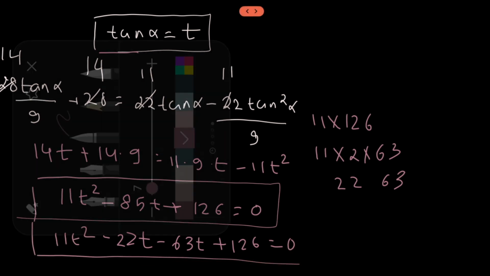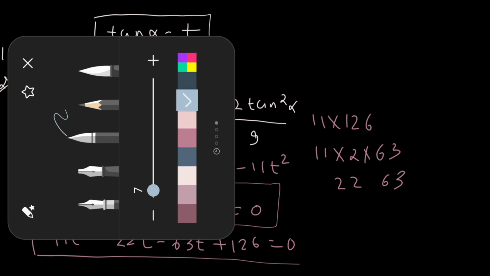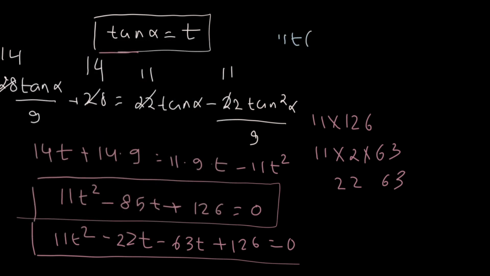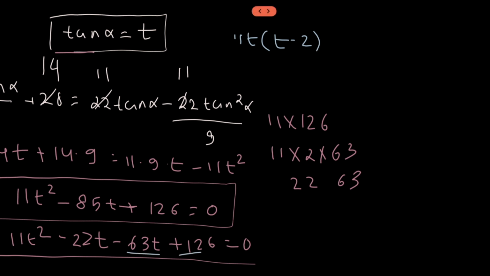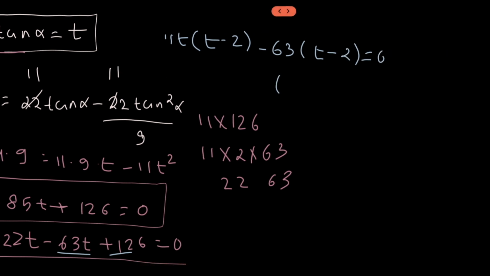Now from the first and second term, I will take 11 times t common. So inside the bracket I will get t minus 2, and similarly from this and this I will take negative 63 common. So inside the bracket t minus 2, and this thing is equals to 0. t minus 2 can be taken common, and the other bracket will contain 11 times t minus 63, and this thing is equals to 0.